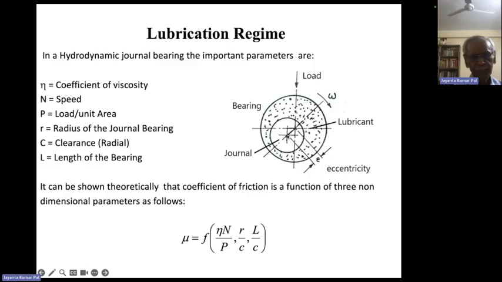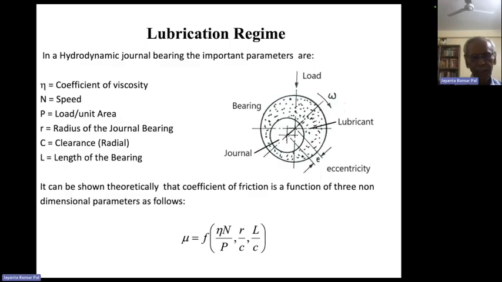In fact, it is essential that the shaft rotates eccentrically. Otherwise, the film wedge, which is responsible for the hydrodynamic pressure, will not be generated.